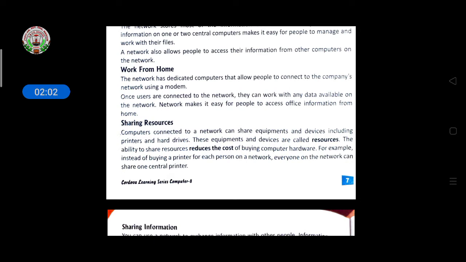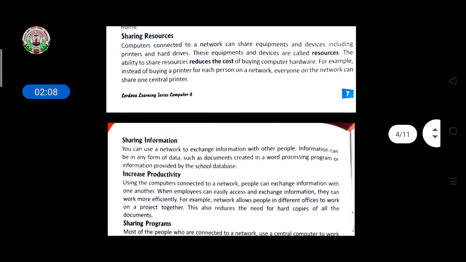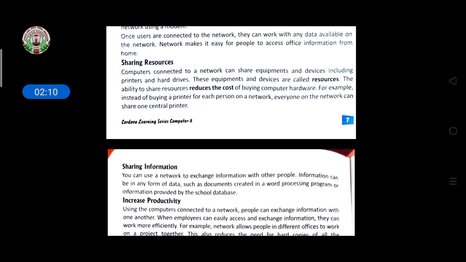Means all the persons who are connected with that printer can easily take the printout through that printer. And it is a reduction of cost, because suppose you are using 5 computers.